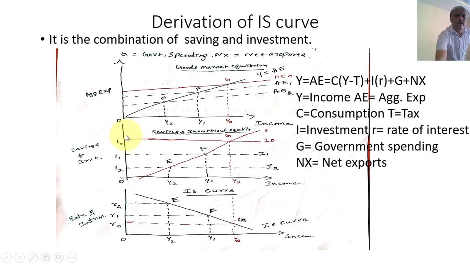interest, see here on the vertical axis we have measured savings and interest. Here on the horizontal axis we have measured income. Say on the 45-degree line, which we have, savings curve. See here similarly for how the IS curve is being derived.